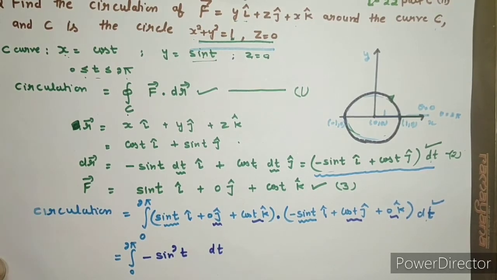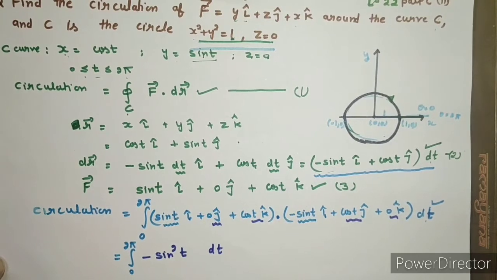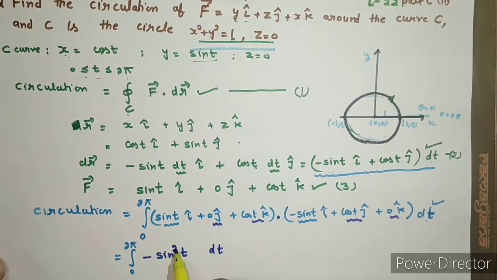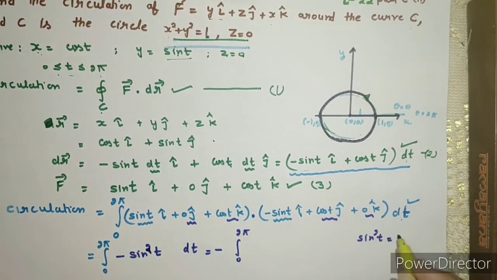How to integrate sin square? Convert into a linear angle. This is a power 2 function, right? So sin square theta is equal to, take this minus outside, 0 to 2 pi, use the identity: sin square t is equal to 1 minus cos 2t by 2.